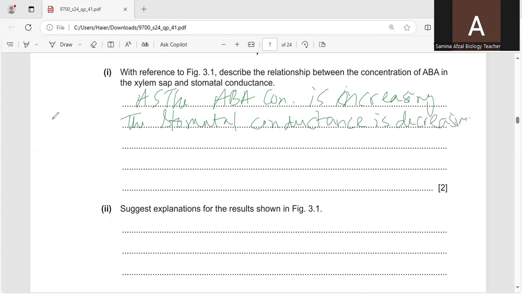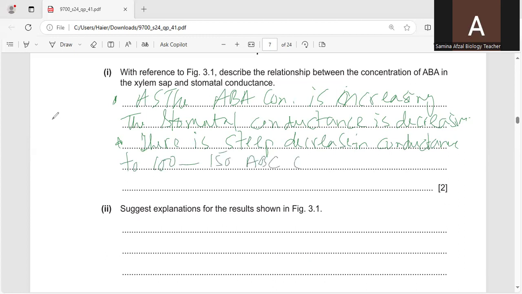So they are inversely proportional to each other. And the second point, we can write that there is a steep decrease in conductance between 100 to 150 ABA concentration. So we are moving now towards the next question.